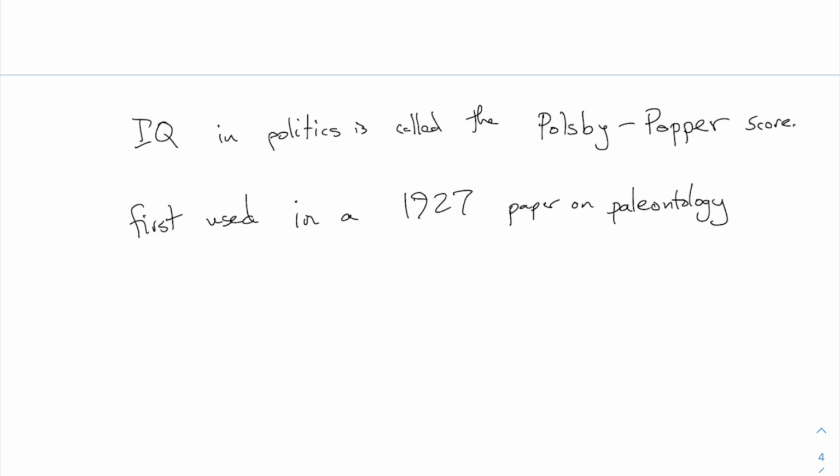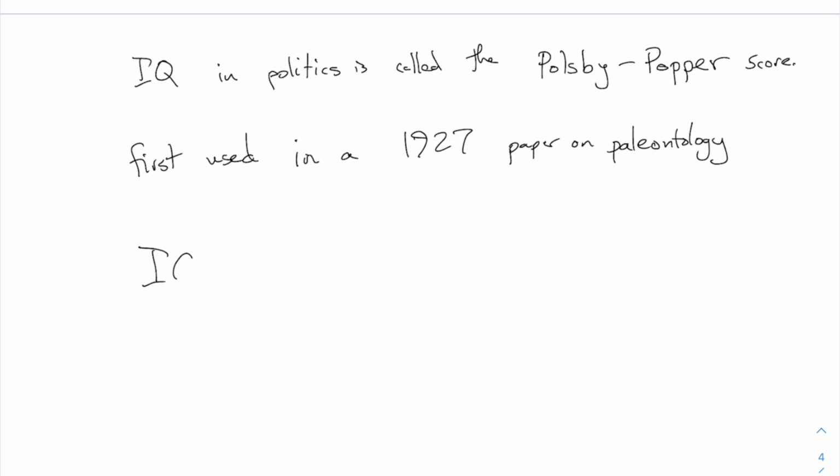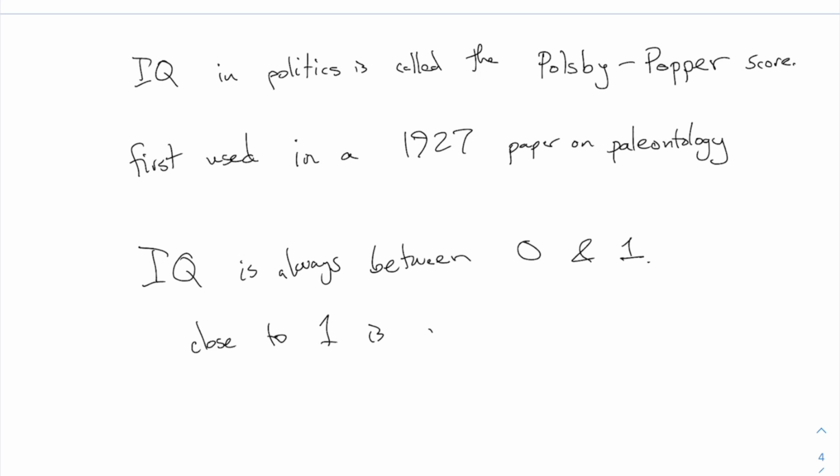So let me just say, the isoperimetric quotient is always between 0 and 1, just like the convex hull score. That means you can write it as a percentage, right? It's always between 0 and 1. And close to 1 is good. That would indicate a nice looking shape.